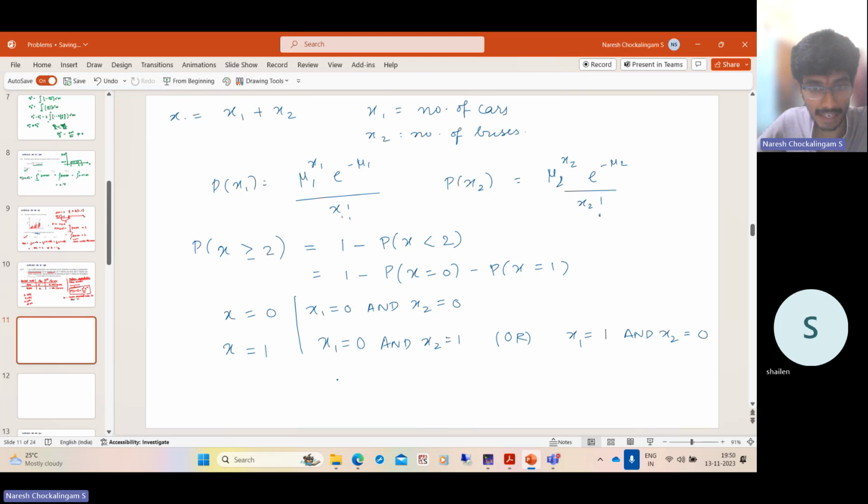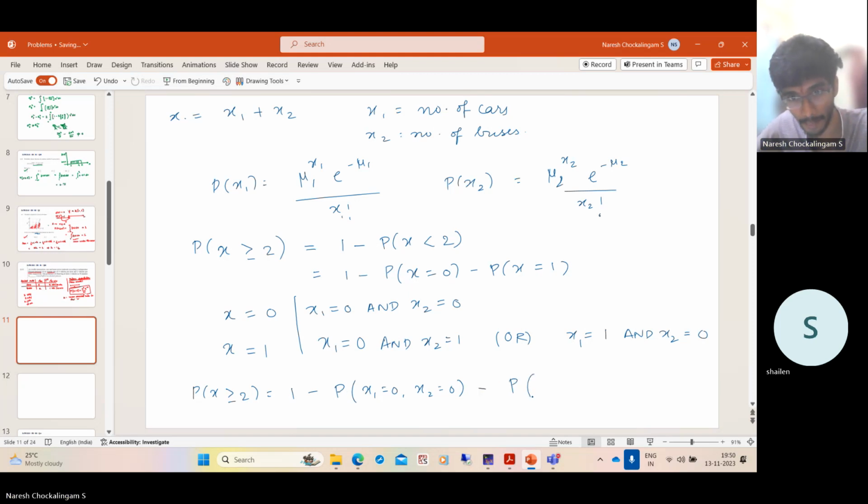If you write it mathematically, P of x greater than or equal to 2 is nothing but 1 minus P of x equal to 0, that is P of x1 equal to 0 and x2 equal to 0. And then the other cases: minus P of x1 equal to 1, x2 equal to 0, and minus P of x1 equal to 0, x2 equal to 1.